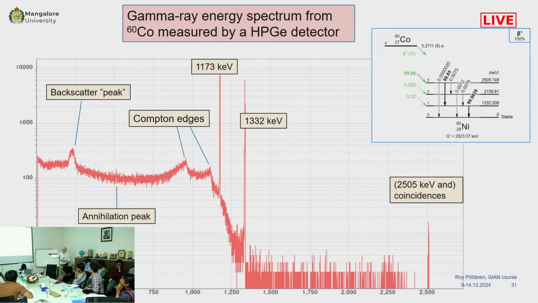So these are also because of the coincidences, but there is no peak in this case, because some of the photon energy came out of the detector. So the coincidence effect means also that these peaks go lower. They are not as high as normal.